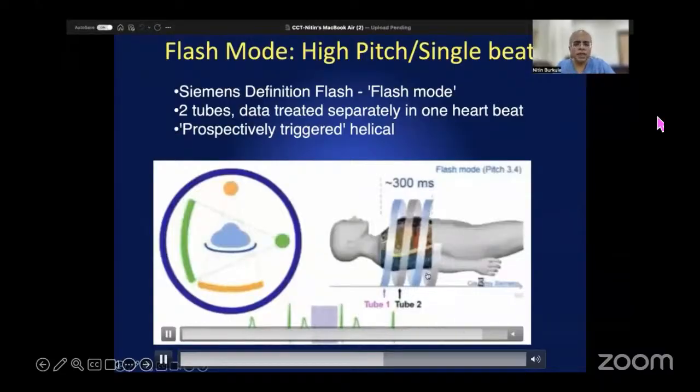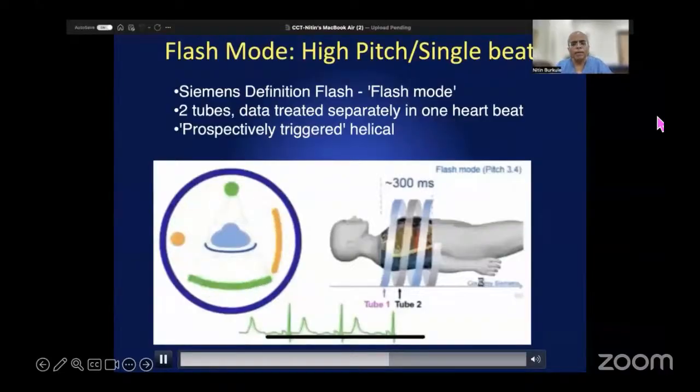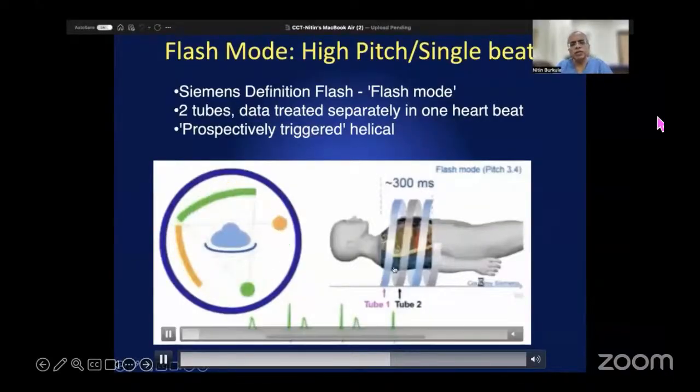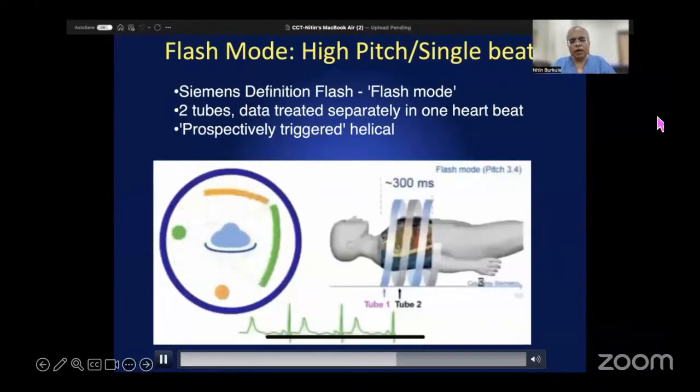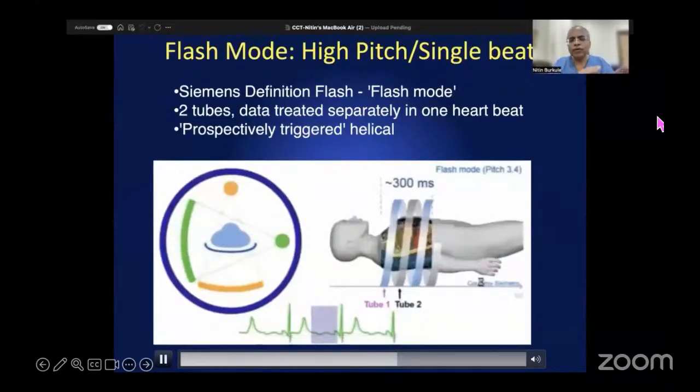So one would ask, if the detector pathway is so spread out, aren't we losing some of the volume data between these two adjacent spiral pathways? But it is interesting that this is only the spiral pathway of one X-ray tube. The second X-ray tube fills up the spiral data set in between these two adjacent spiral detector movements of the first X-ray tube.